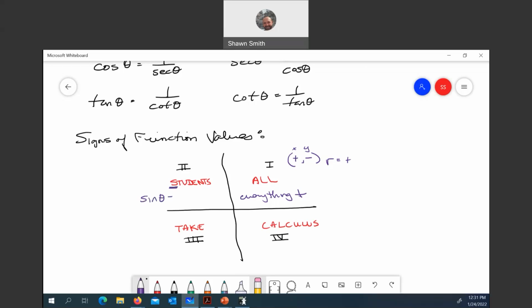Sine of theta is positive. If sine is positive, its reciprocal is positive too, right? So also its reciprocal, cosecant. Again, the coordinates: x would be negative, y would be positive, right? Everything else is negative.